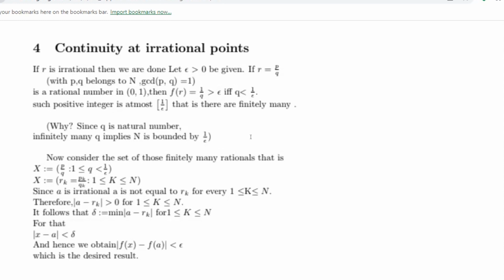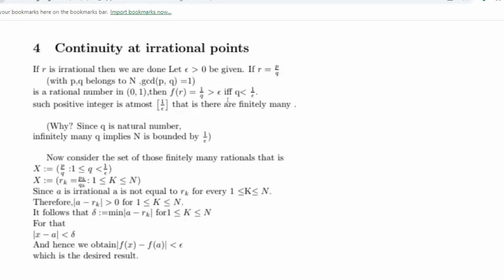Okay, but how do we know that there are finitely many r_k, that means the rational numbers that satisfy this? If p by q is a rational number, then I'm looking for the image of that number. So the image is 1 by q. So if there are only finitely many q's, from this I can see that only finitely many are creating problems.